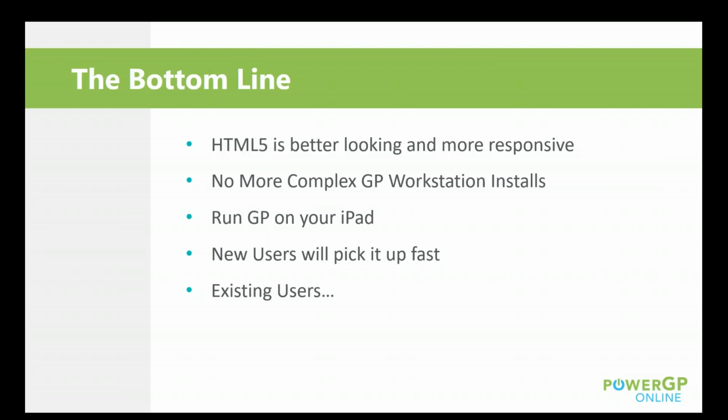In Denver, a couple weeks ago, I was able to attend the Denver GPUG GP user group meeting. The customer who was giving the presentation, who happened to be the host of the meeting, was talking about their experience when they all went from the rich client to the web client. She brought up, oh, you can only open one window at a time. That was the only downside she had.